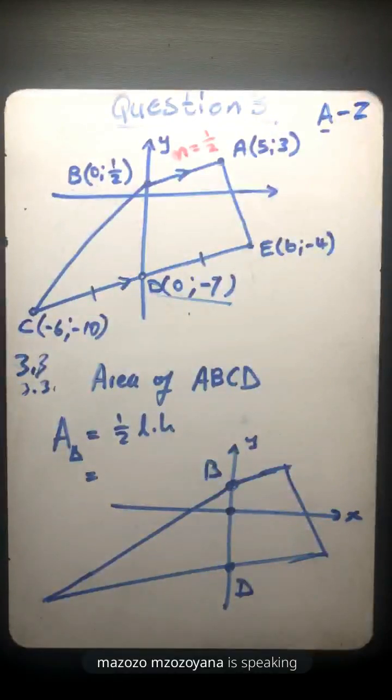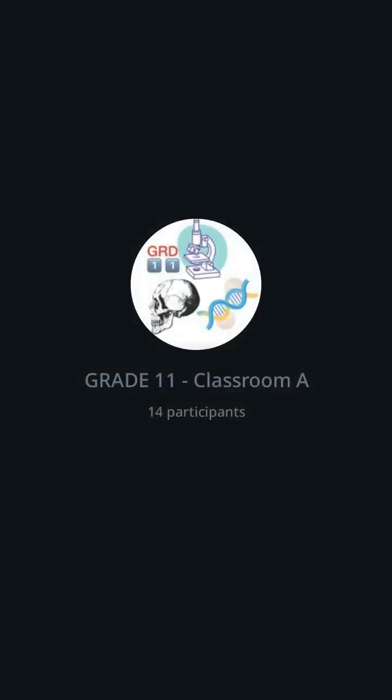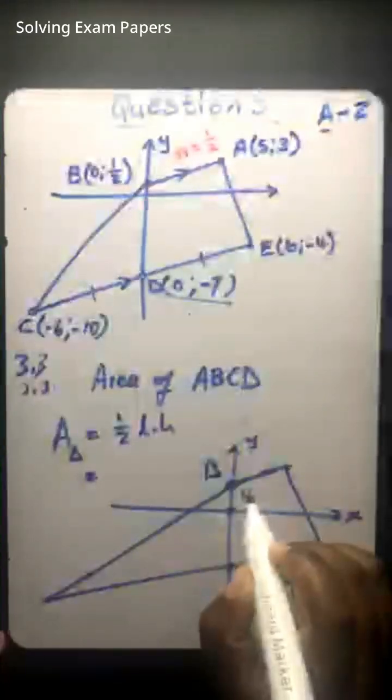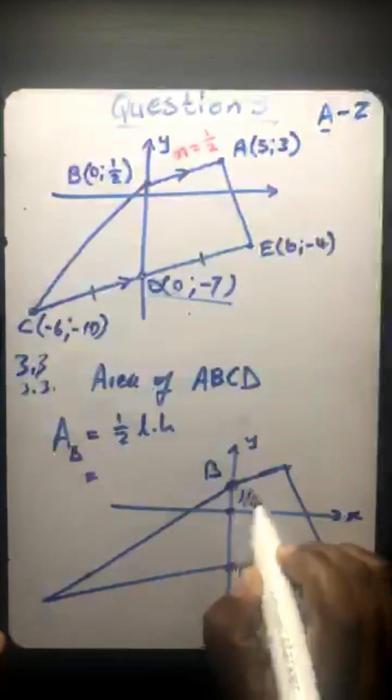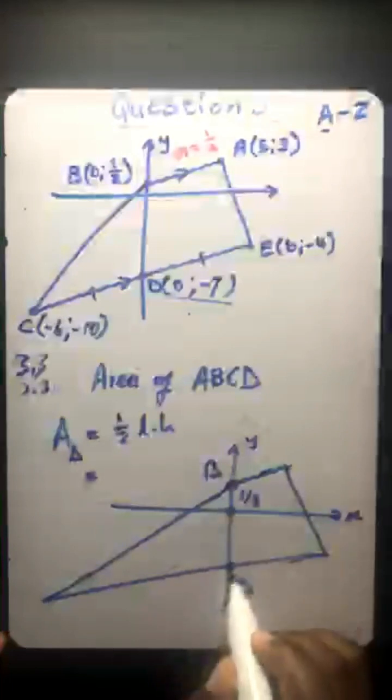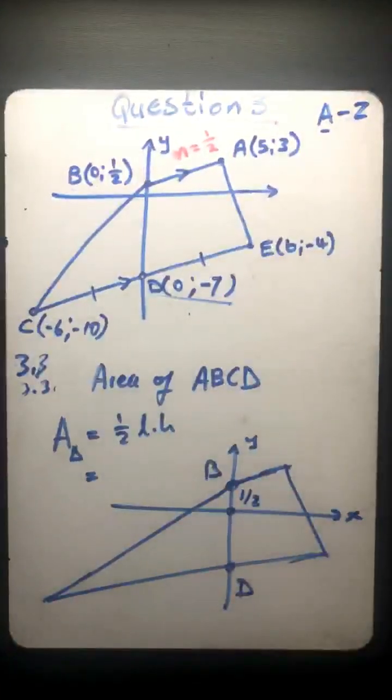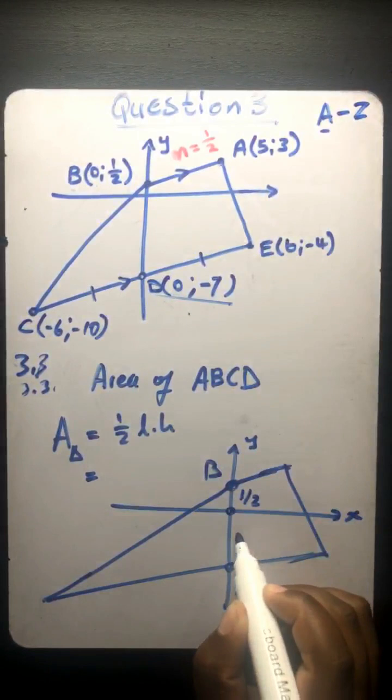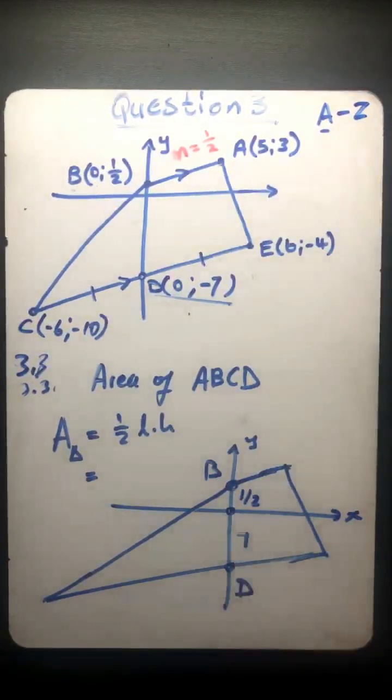One over two, sir. 100%, which is a half. Do we not know from there to there, that length or distance? -7, sir. So remember, because we talk about distance, we forget about the sign.